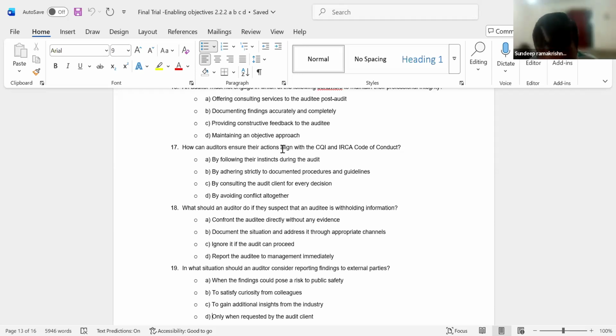So C is more suitable. Ignore if the audit can proceed. Yes, this is only a doubt, so you can ignore it and proceed. As an auditor, the benefit of doubt the auditee should always get. You should not deny any auditee the benefit of doubt.